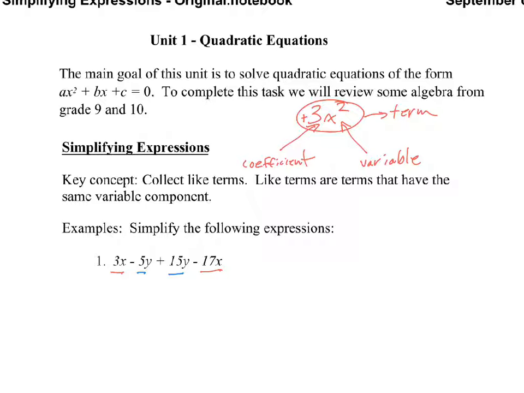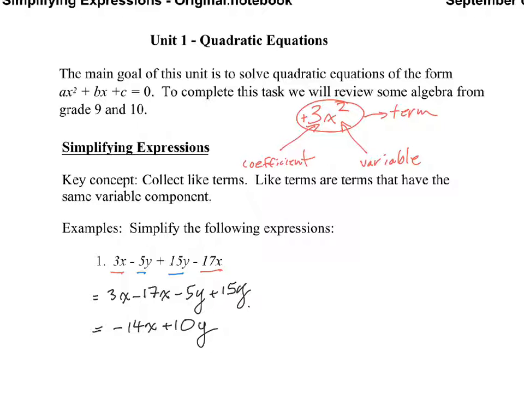Now we're going to rearrange the terms so that all the x's are beside each other and all the y's are beside each other. So now we have 3x minus 17x minus 5y plus 15y. In doing so, you've put them together, so now we can add and subtract the things that are the same. So 3x minus 17x is minus 14x, and negative 5y plus 15y is plus 10y.